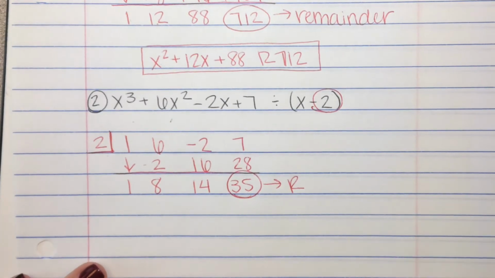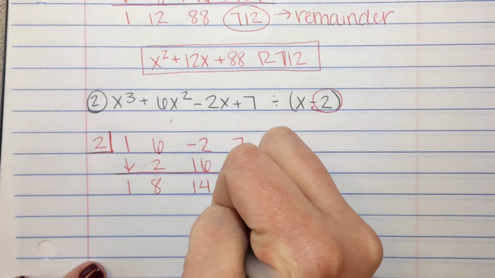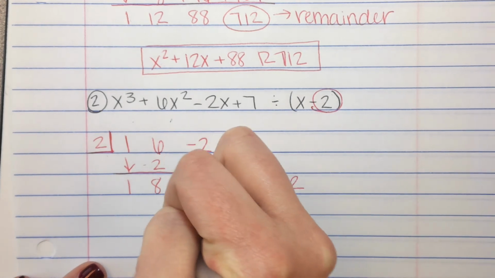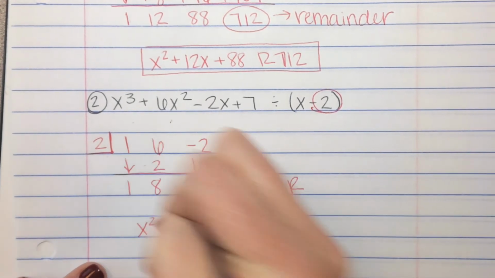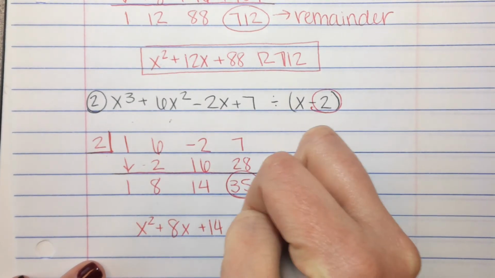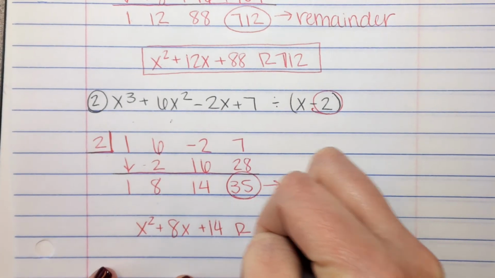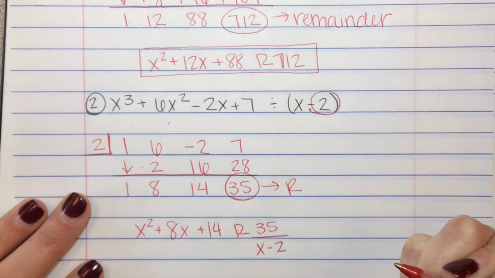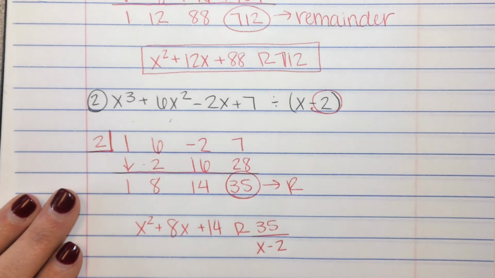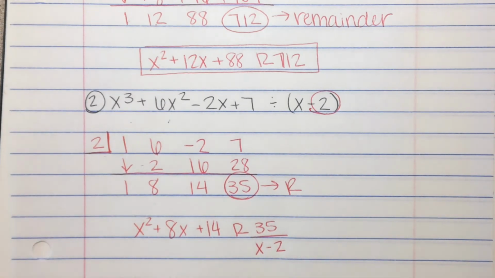Okay, we can build our polynomial. So we have a positive 14 on the end, and then we'll have an 8x, and then we'll have an x squared. And then again, our remainder is 35. And just a reminder, you can write that remainder as a fraction, okay? And I think that I just wrote that wrong.